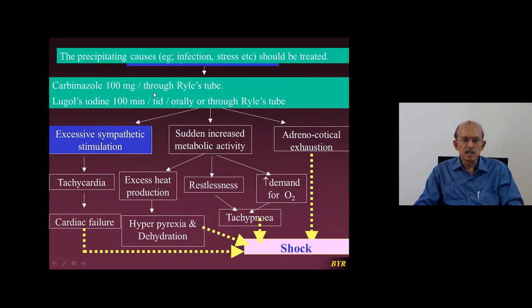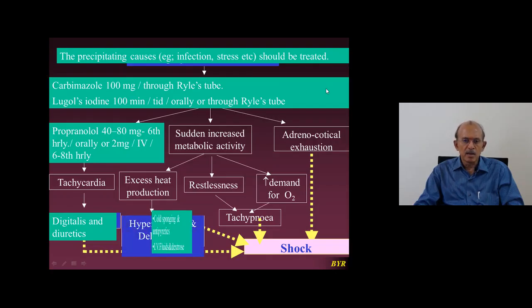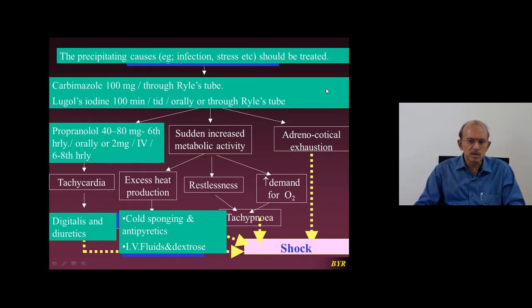Excessive sympathetic stimulation can be blocked by a beta blocker, propranolol 40 to 80 milligrams 6th hourly orally or 2 milligrams IV 6th to 8th hourly. Cardiac failure, you give digitalis and diuretics. Hyperpyrexia, you give cold sponging and antipyretics. Administer IV fluids and dextrose to counter the dehydration.